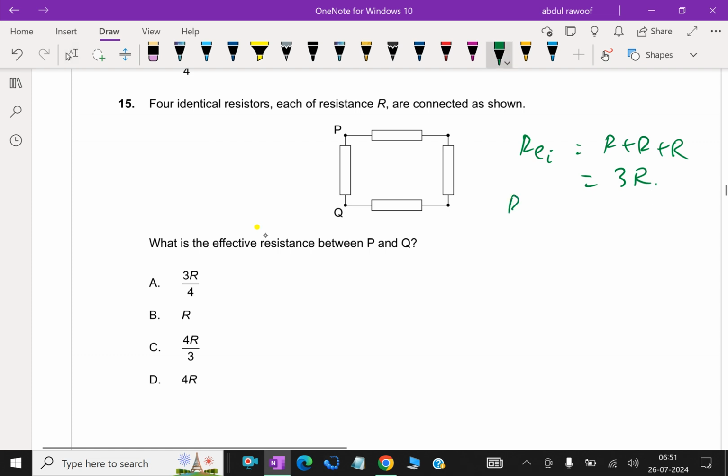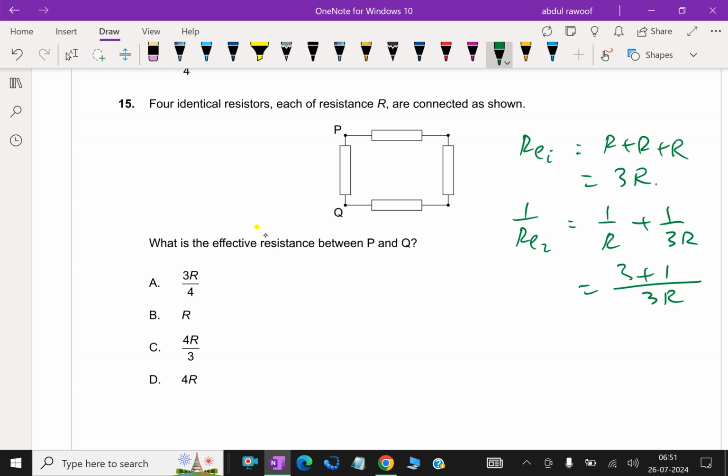Therefore, effective resistance 2, because it's a parallel combination: 1 by effective resistance equals 1 by R plus 1 by 3R, which is 3 plus 1, 4 by 3R.